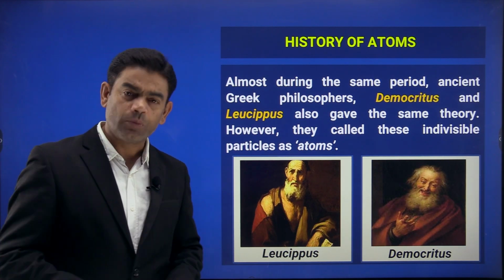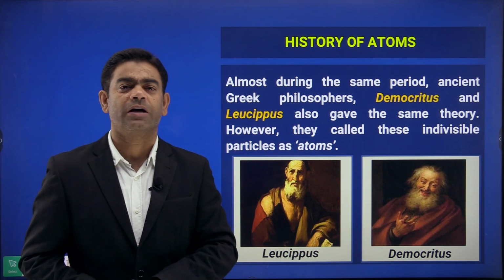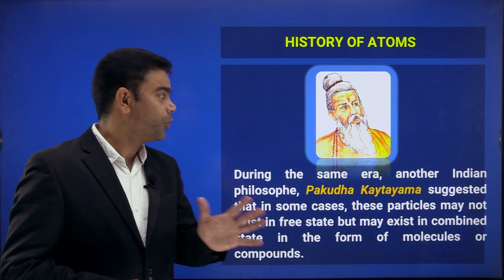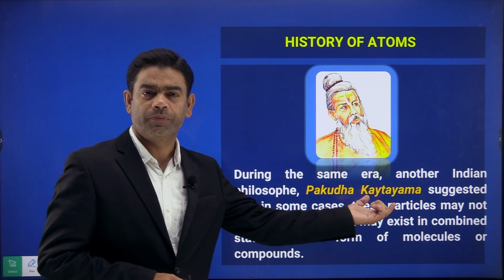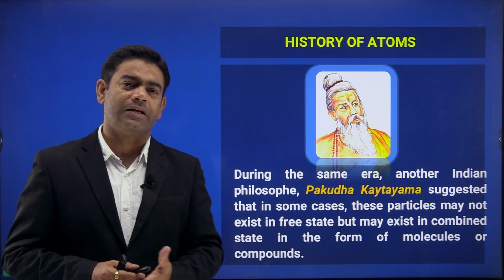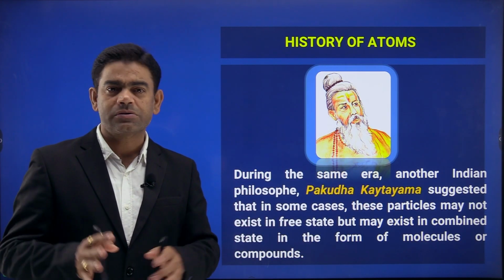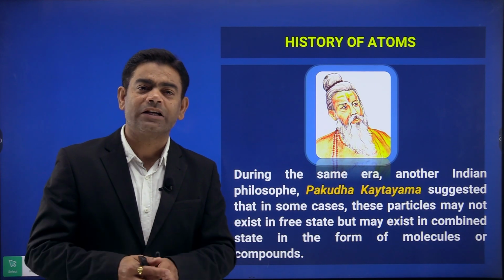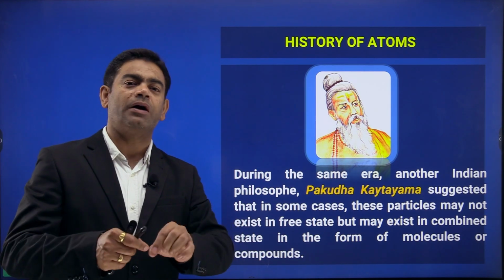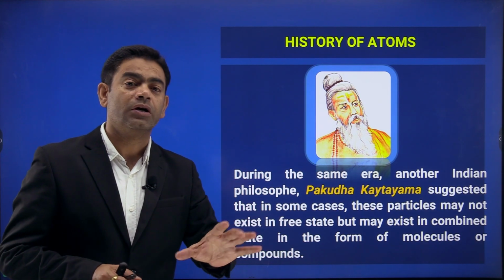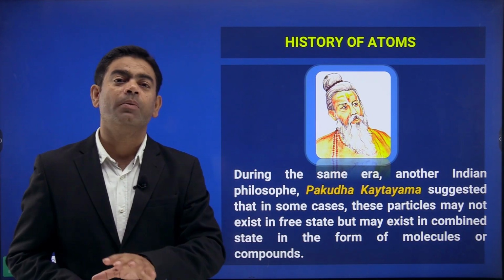Okay. One more Indian philosopher at the same time, he also gave an idea. He's here, Pakuda Katyayama. Okay. What did he say? He said that atoms are the smallest part, and the atoms combine and become stable also. It's not that the smallest part atoms remain alone. They can also combine and form a molecule.